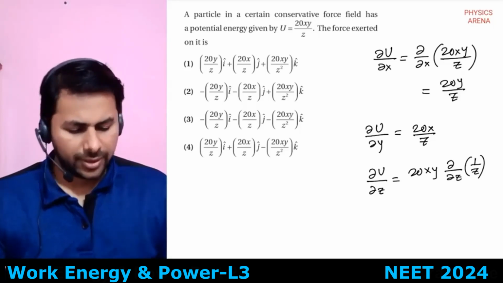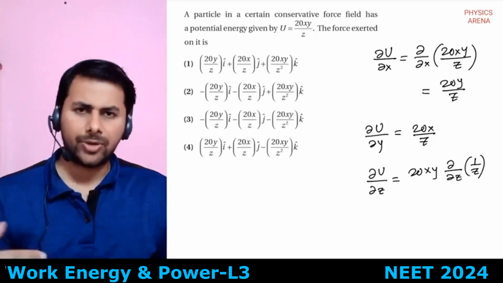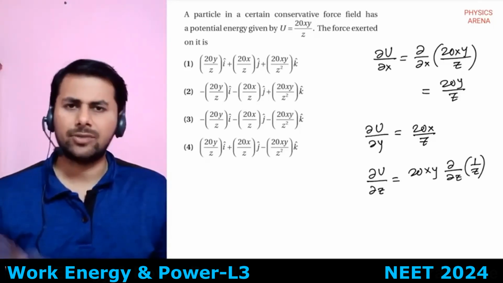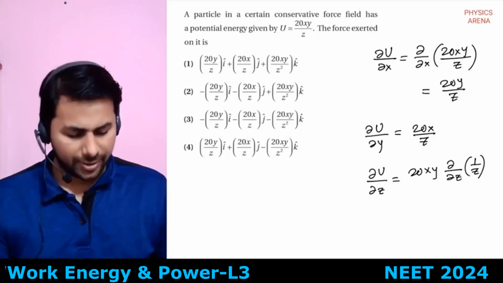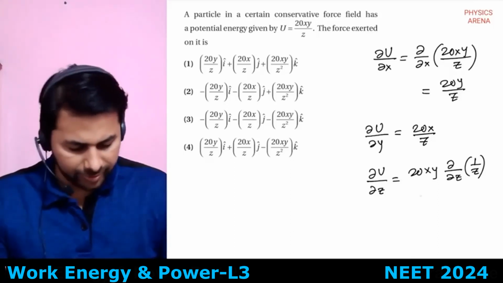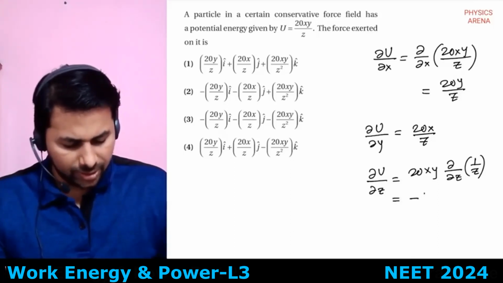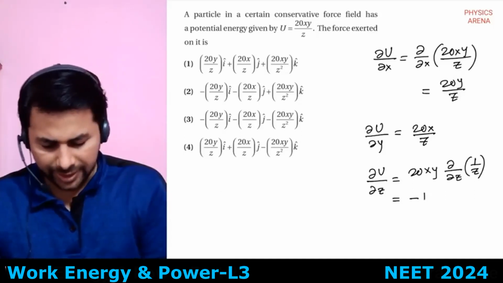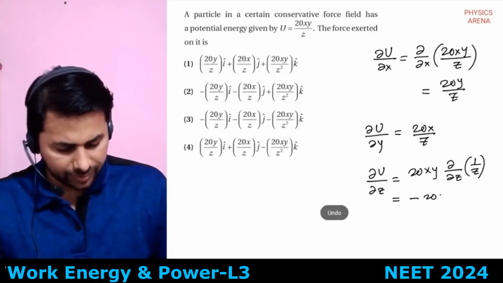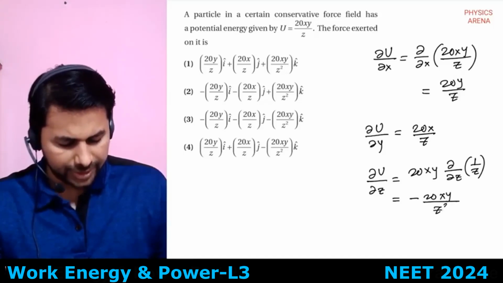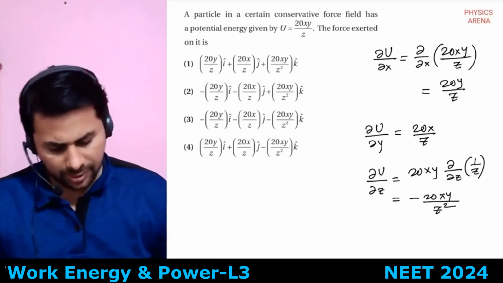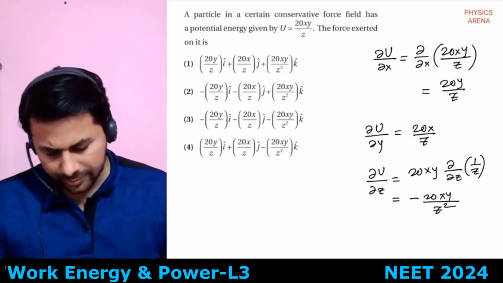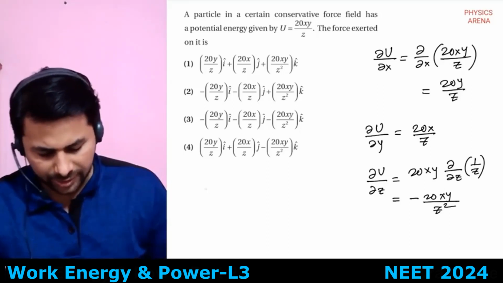What is the derivative of 1 upon z? It is minus 1 upon z square, right? So this will be minus 20xy upon z square.